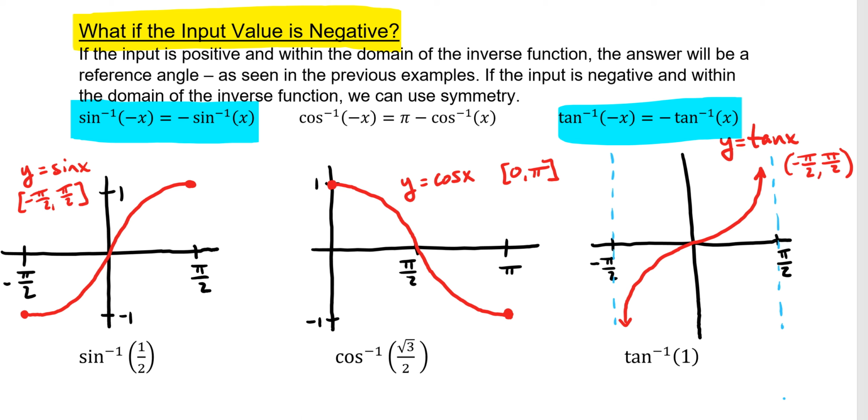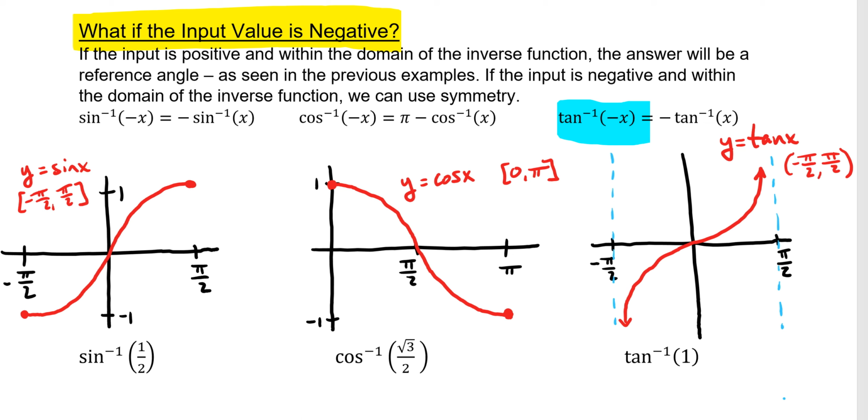So if we're taking a look at sine inverse on the left, sine inverse of a negative, all we have to do is first evaluate it as if it's positive, sine inverse of the positive answer, and then negate the answer. So sine inverse of negative x is the same as negative sine inverse of positive x, and it's the same thing for tangent over here on the right.